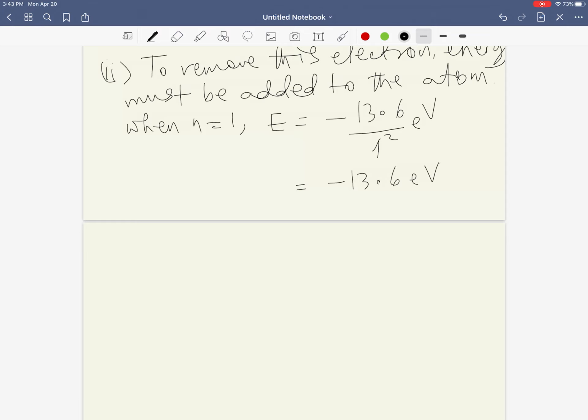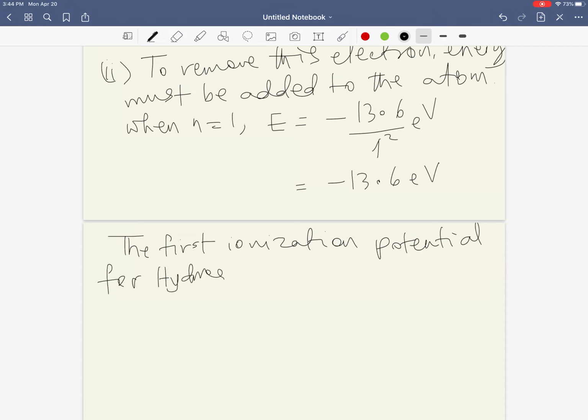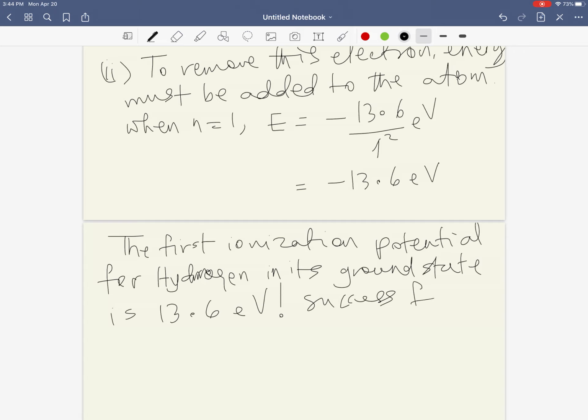And this is why the Bohr model is successful, because indeed the first ionization potential of hydrogen, for hydrogen in its ground state, is 13.6 eV. So success for the Bohr model.